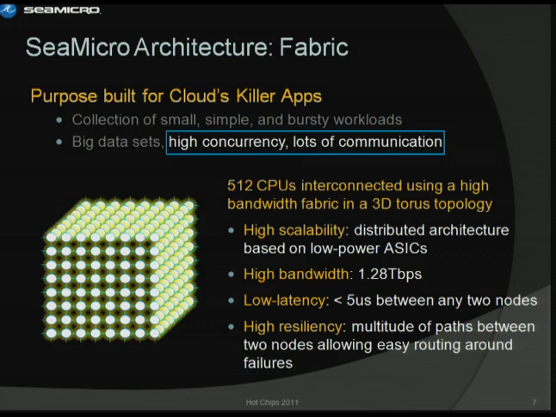It's got very high bandwidth of 1.28 terabits per second. We designed it for a very low latency between any two nodes in the system, and the latency is typically less than 5 microseconds between any two nodes. The fabric is highly resilient because there are a multitude of paths between any two nodes, so it allows us to easily route around failures.